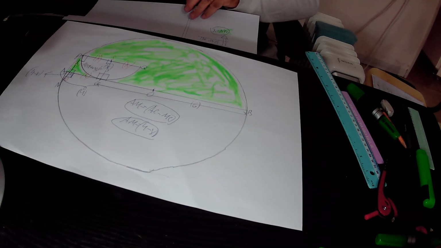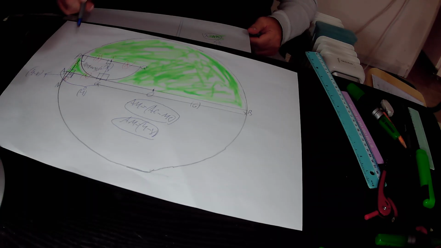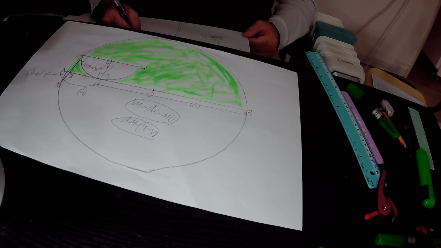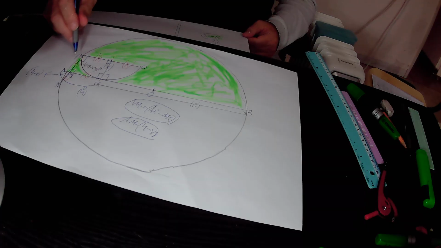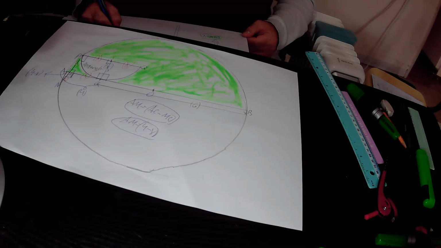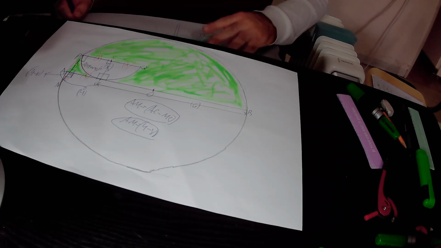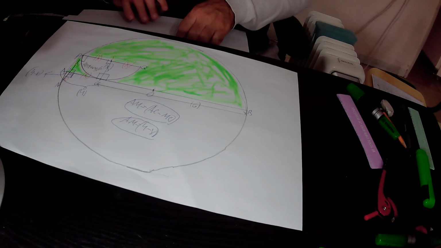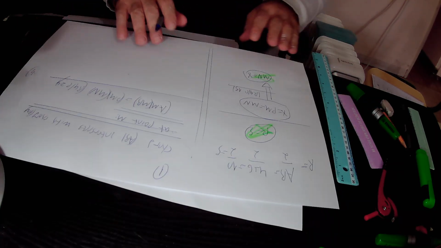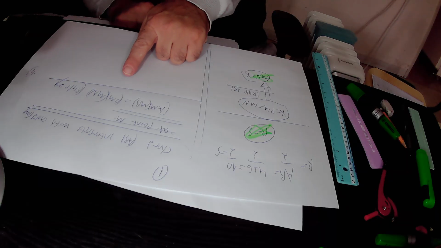According to rule 24, the following equation is true, that AM times MB equals PM times MN.